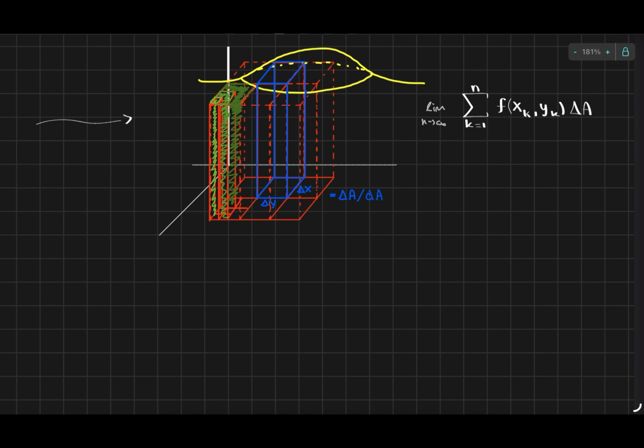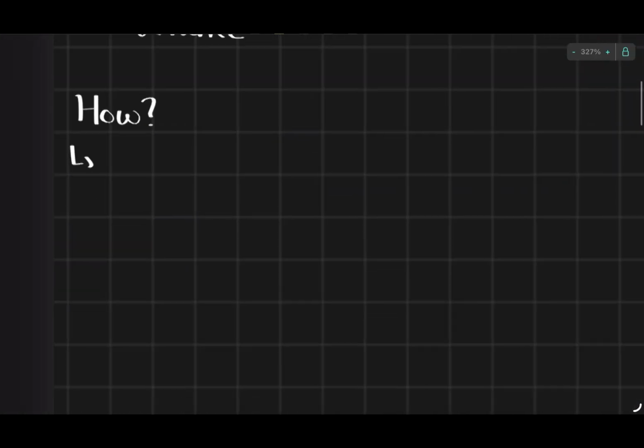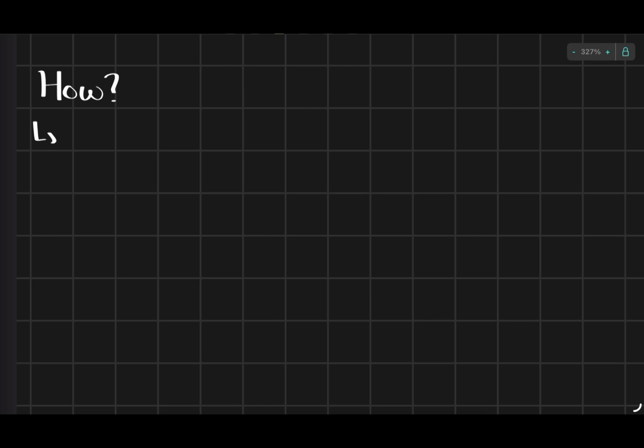If we take that limit of that sum, we're going to get 2 integrals. I'm not going to get into that yet. I'm going to bite my tongue on that one. How we're going to do it is just offering a pretty simple definition here. We're going to have some region R of our function of x and y times our dA. That dA is going to be split into dy dx, or whatever 2 variables you're integrating.